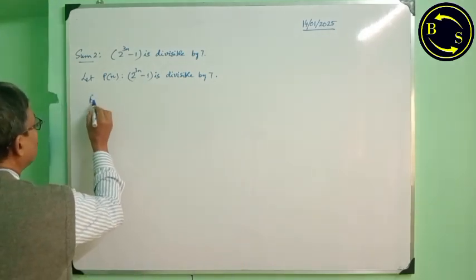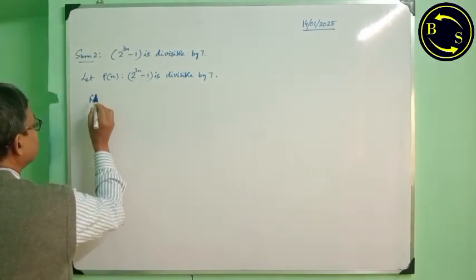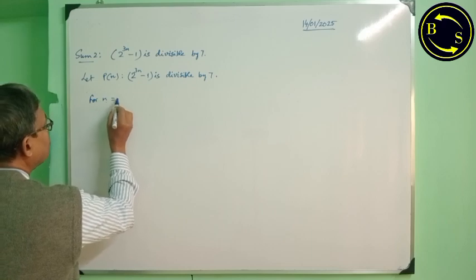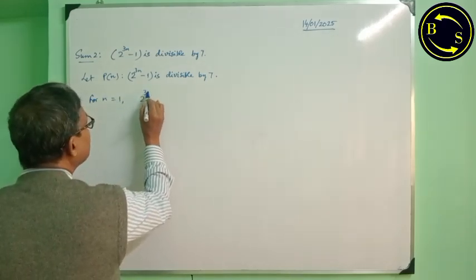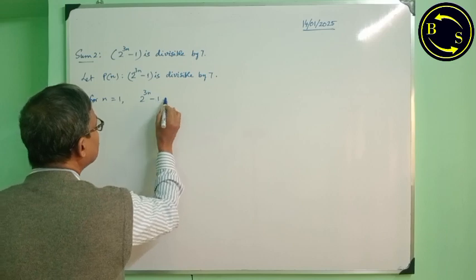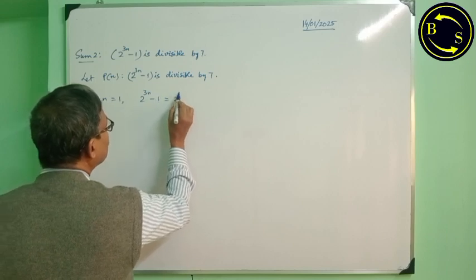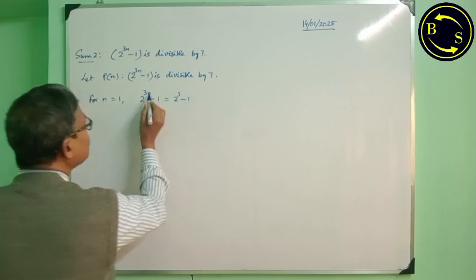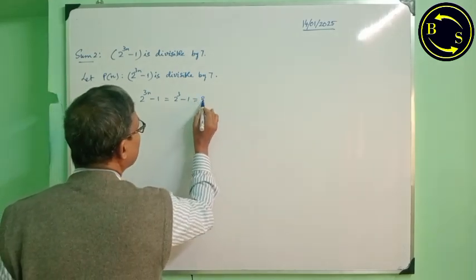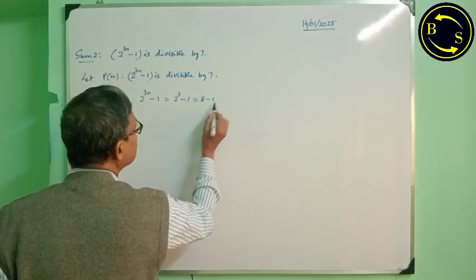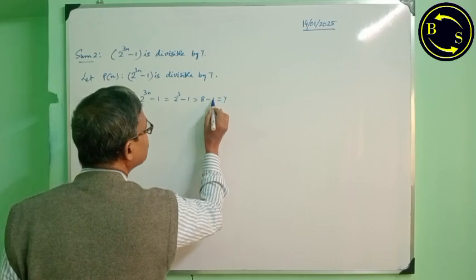For n equal to 1, 2 to the power 3n minus 1 is equal to 2 cube minus 1. Putting n equal to 1, we get 8 minus 1, that is equal to 7.